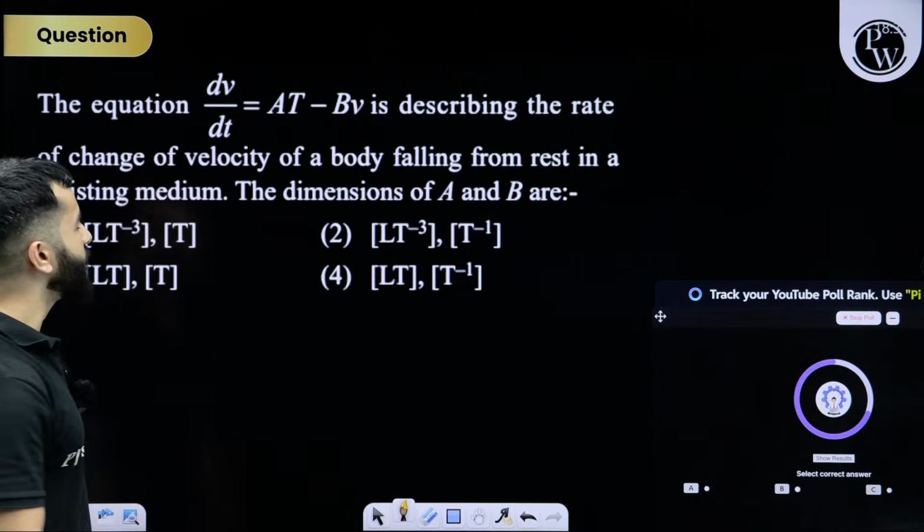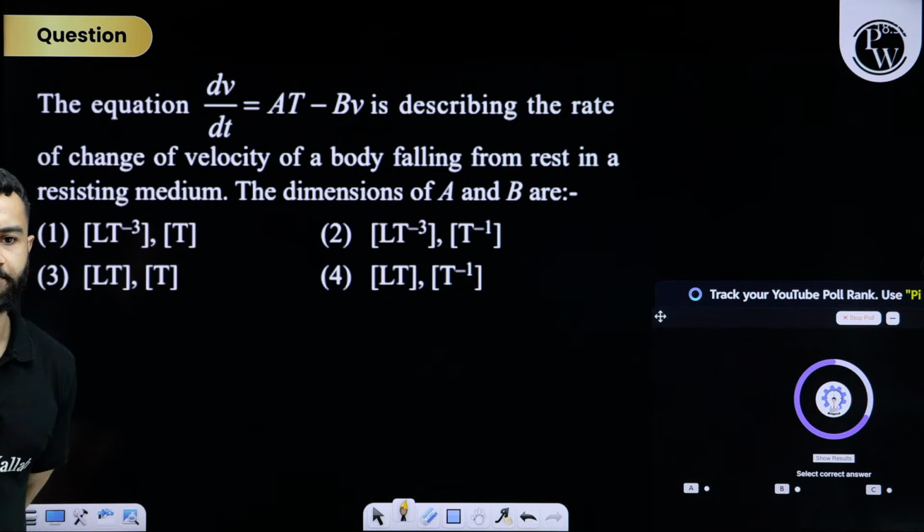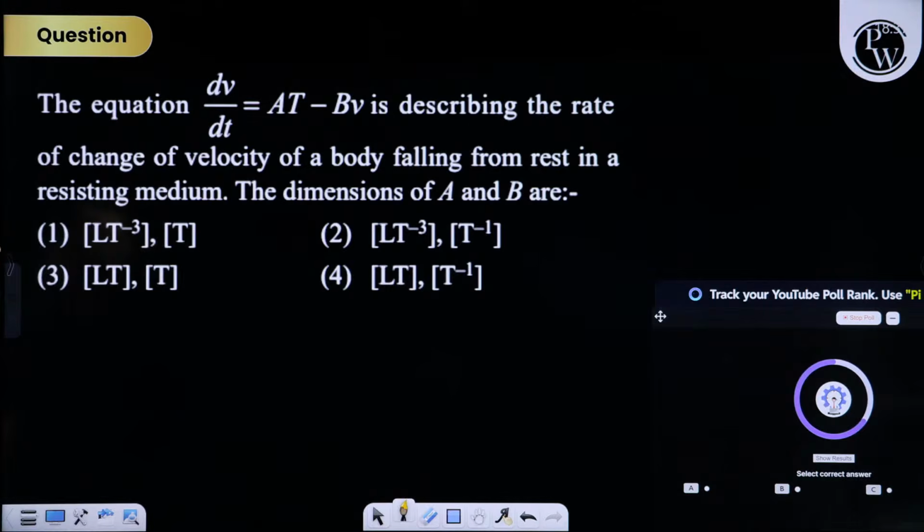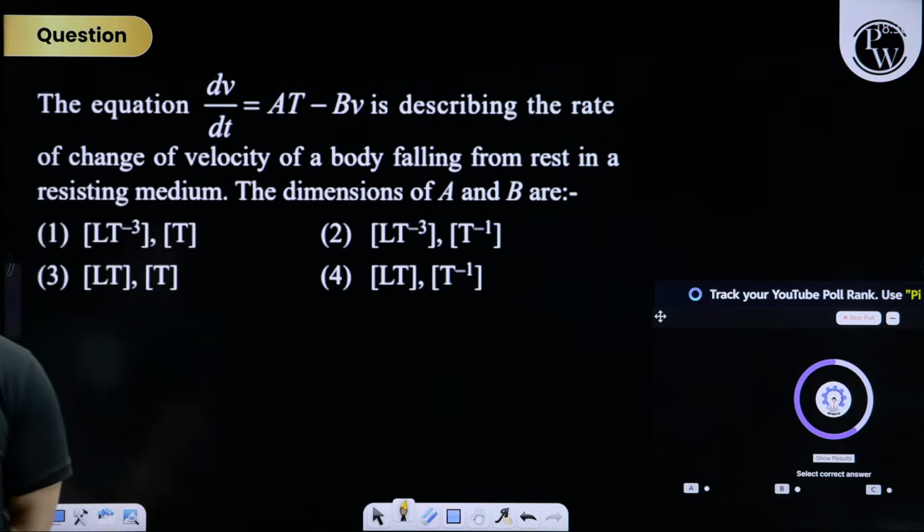The equation dv by dt is equal to at minus bv, and dv by dt is the rate of change of velocity. Rate of change of velocity is acceleration.